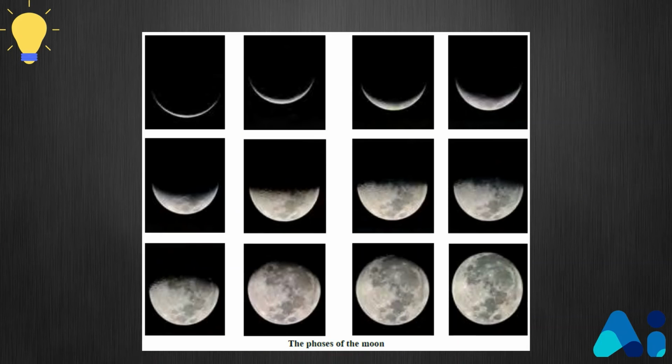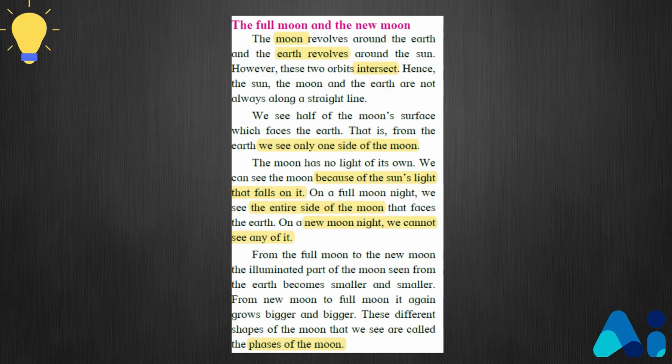So now you can imagine, if the moon is a full moon, that means the entire surface of the moon, at least the surface that we see from the earth, is fully lit by the sun's light, right?